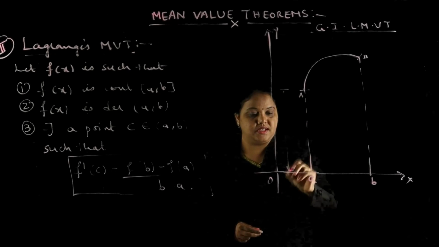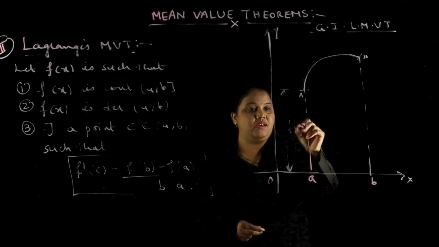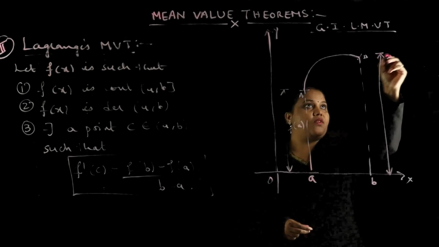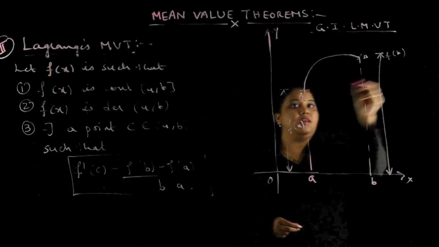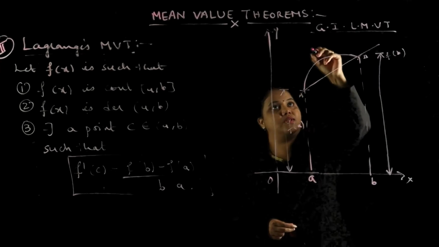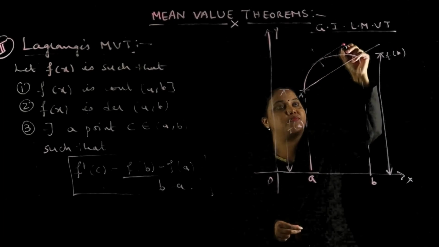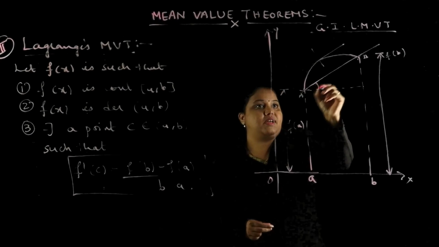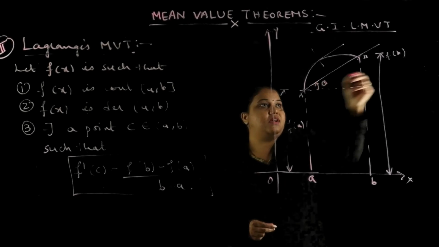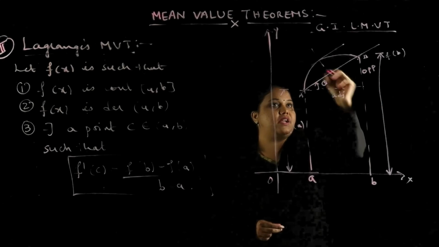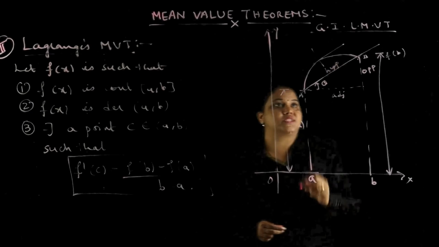So this distance is nothing but your f of A, whereas this distance will be your f of B. Now this is the line. So let me take a tangent at this point. So I will take like this. This will be the theta. This will be your opposite side. This is your adjacent side, and this is your hypotenuse.